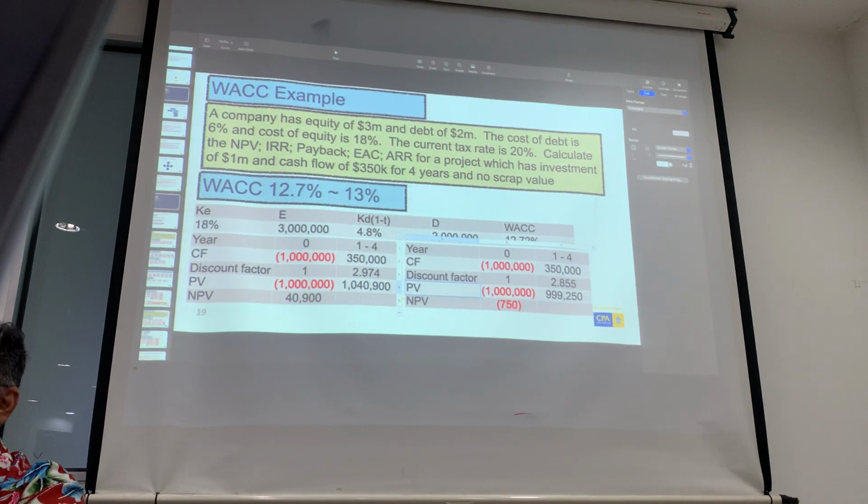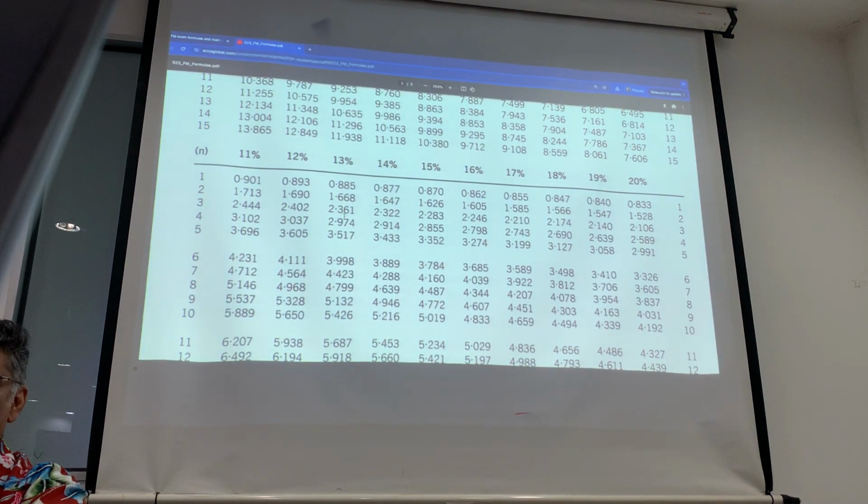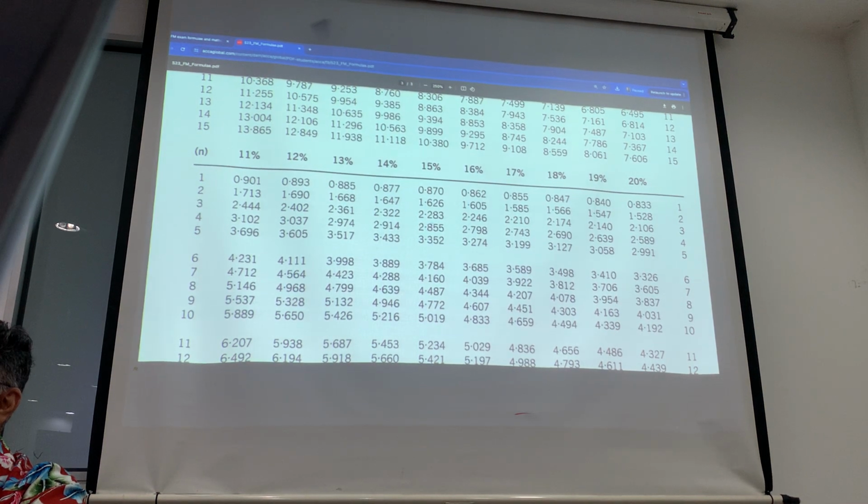I'm just trying numbers. You see how I'm doing that? I'm just trying the numbers. I'm trying until I get negative, which I went to year 4, 15%.